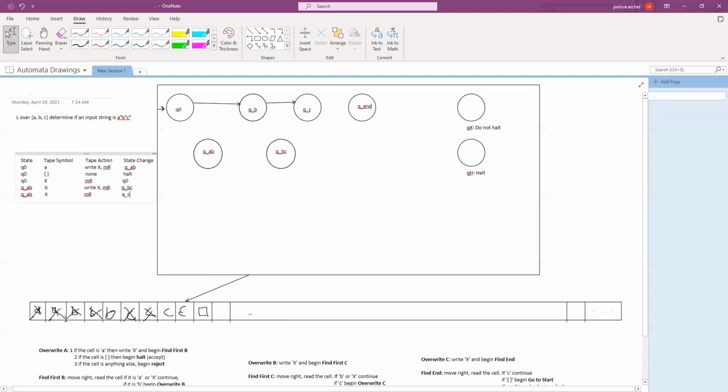Now, you're going to go to your B, you're going to mark it off and see if there's a D over here on the right. If there is, okay, keep marking off B's. If you don't have enough B's and there's a D left over, it's an error. If you have too many B's and there's not enough D's, it's an error. Same thing with the C's.